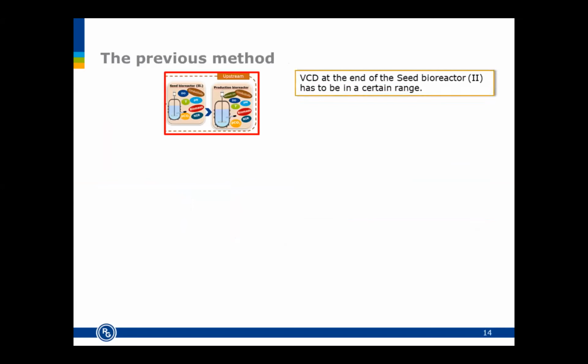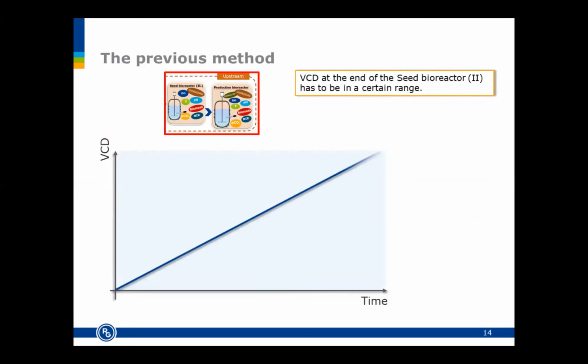How can we achieve this? What was our previous method? Let's plot the VCD values as a function of time. The black brackets define the acceptance range, and our condition is that the VCD value should be in this range.